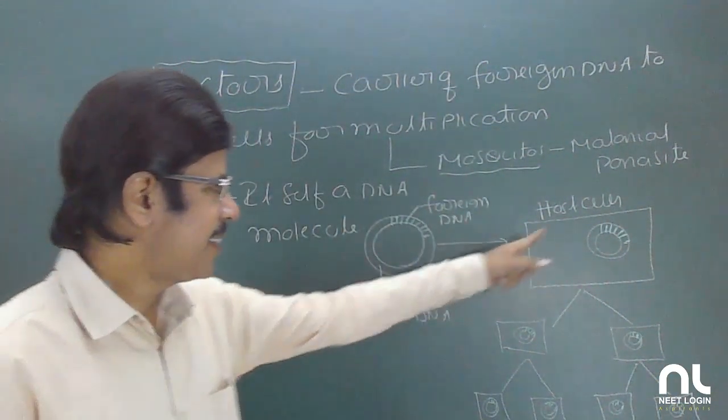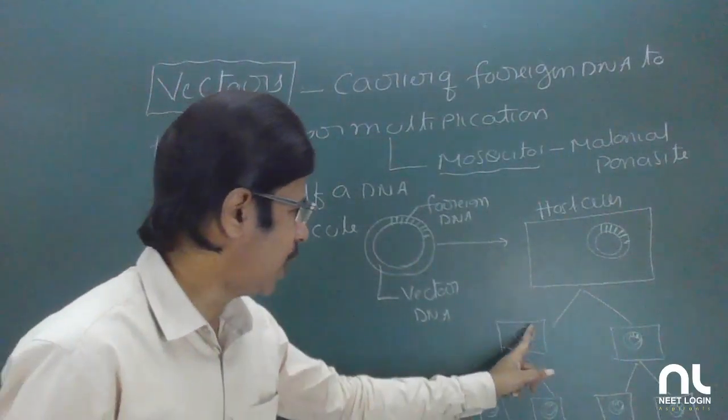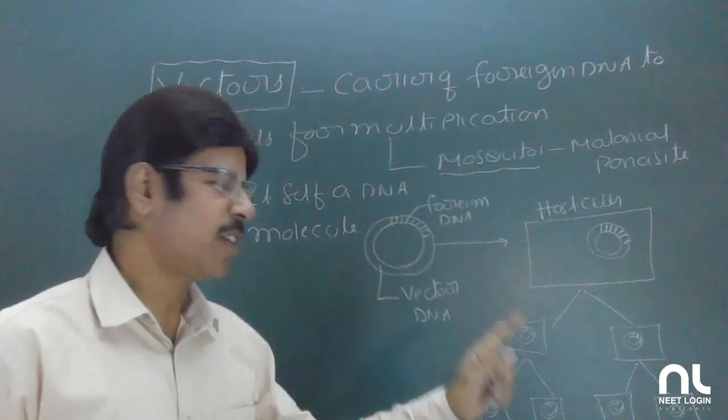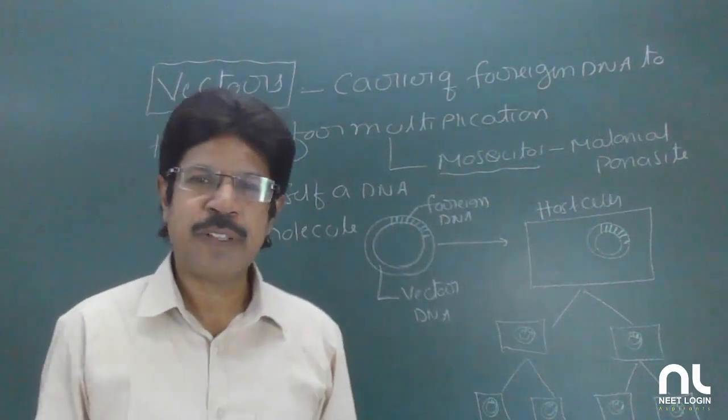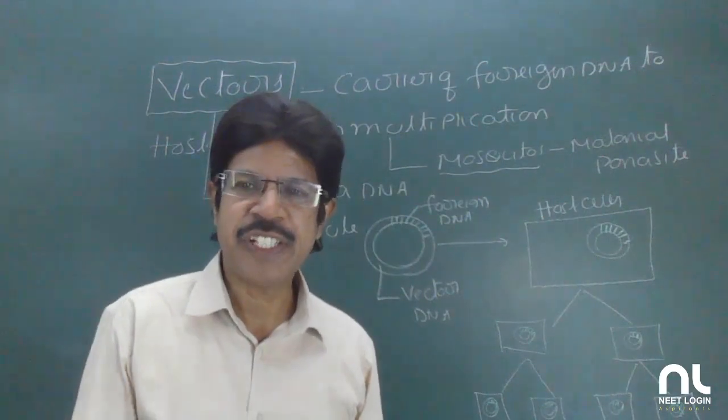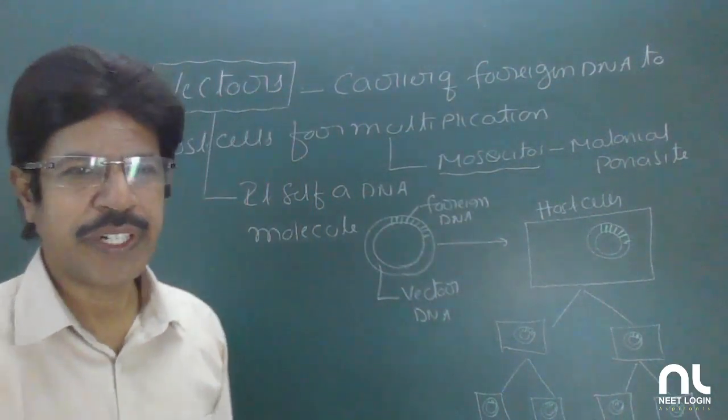So, single copy inserted, we got 1, 2, 3, 4, 5, 6 copies. So, getting an indefinite number of copies of the linked gene, what do you call it, gene cloning.